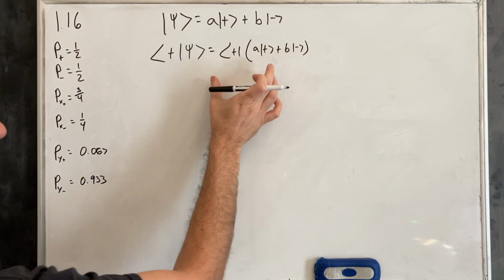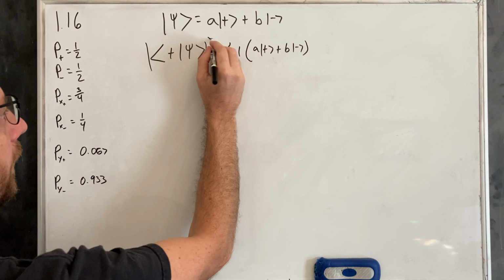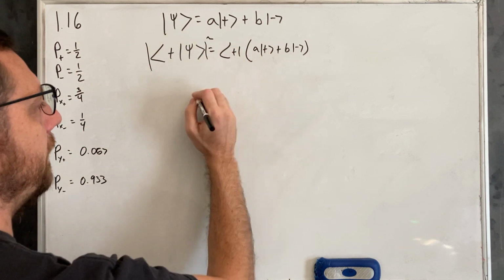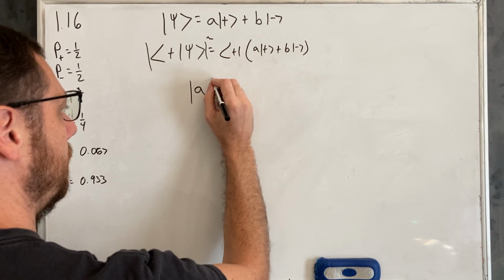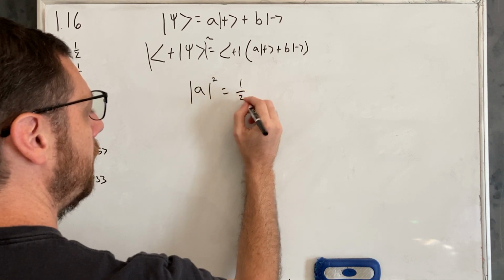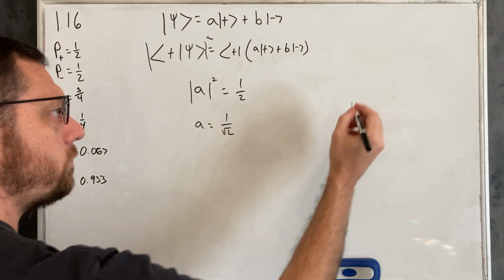And then we have our plus and our plus, and this is going to be a probability. All these here are probabilities. So we need to do the probability over here. We'll have an A, and then our plus and our minus cancel out, so we just have A squared. We know that A squared is going to equal 1/2. So A can equal 1/√2. So we'll put that right here.